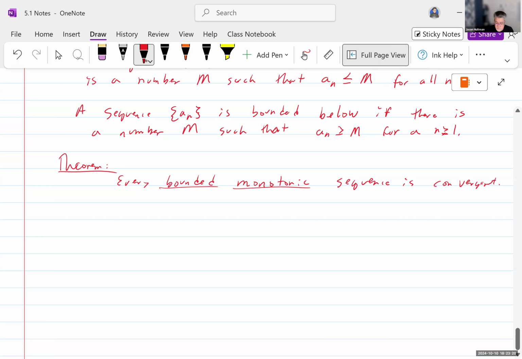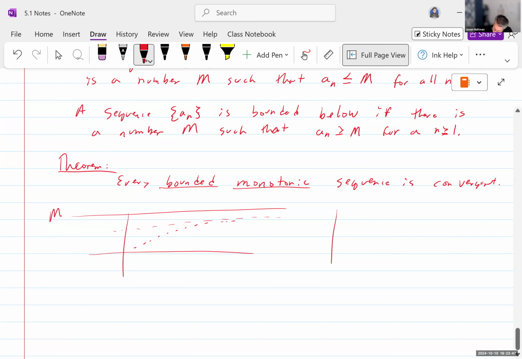It converges. So it's saying, look, if you are strictly increasing or you are strictly decreasing, and there is a ceiling m that you can never reach, it's convergent. It's going to converge to something. It may not converge to the ceiling, but it'll converge to something.